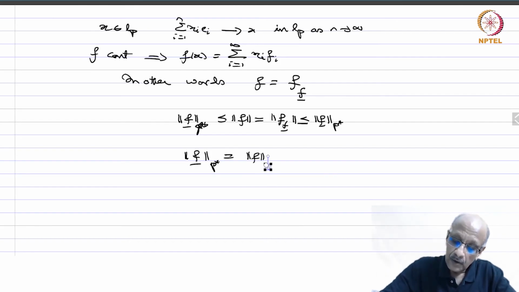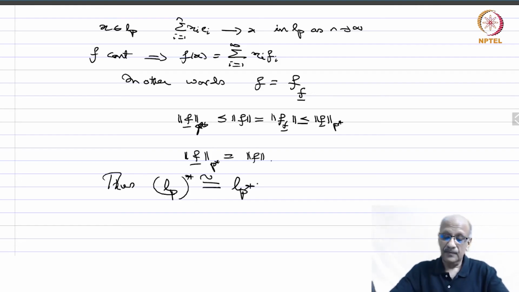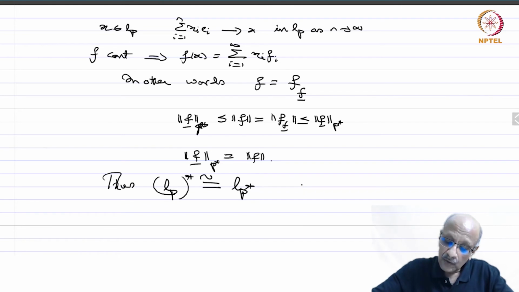Thus we have that LP star is isometrically isomorphic to LP star via the relation y going to f sub y. So f sub y of x is sigma xi yi.